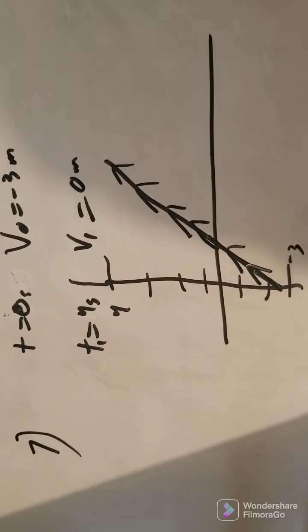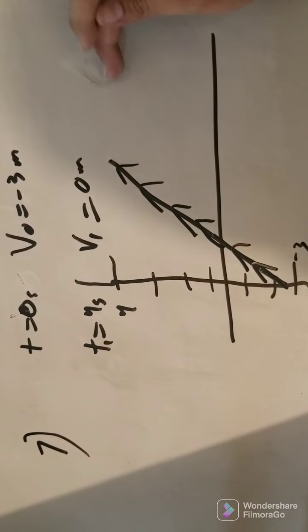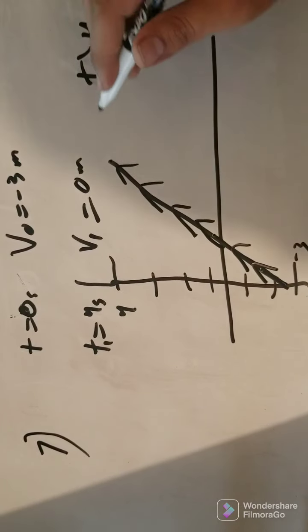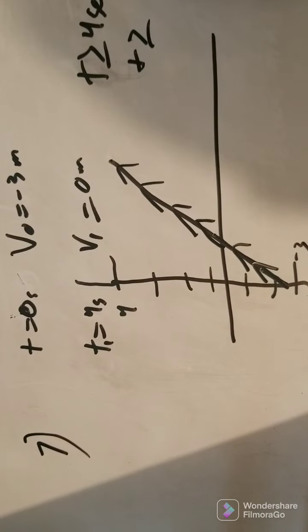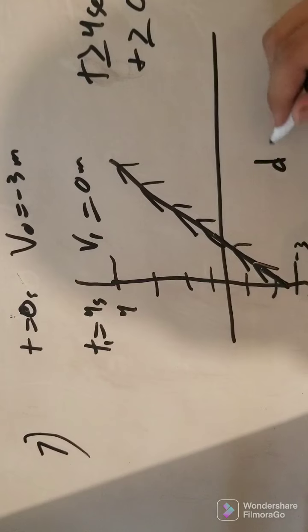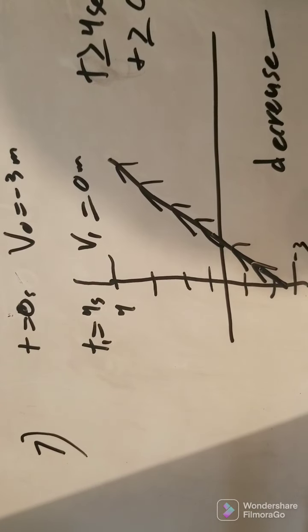So what I had wrong was, as t is going to be equal to 4 seconds, and at the same time t is going to be greater than 0, which means that it's going to decrease, then increase.